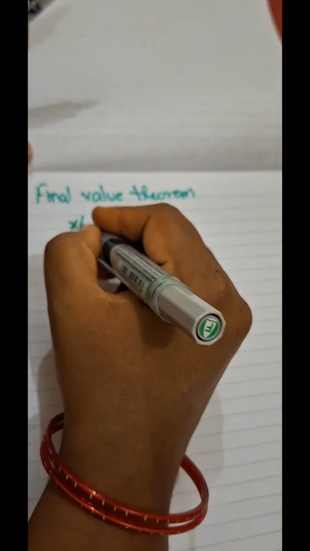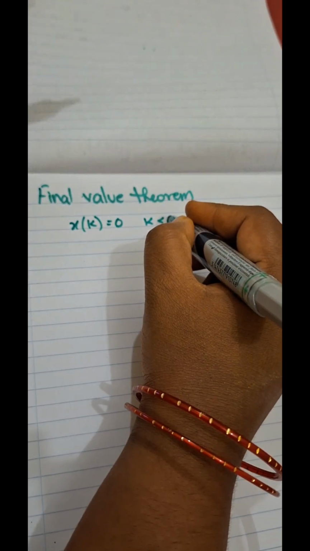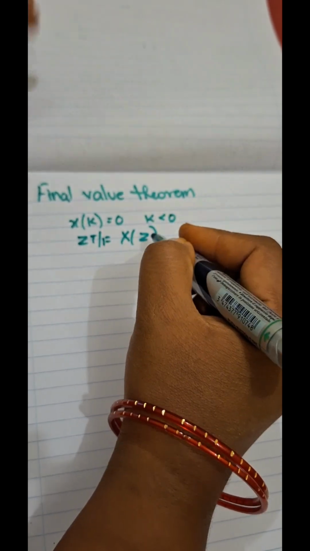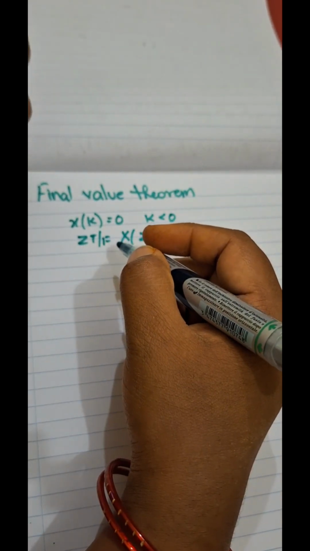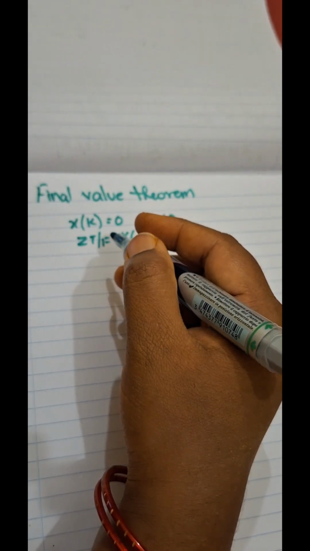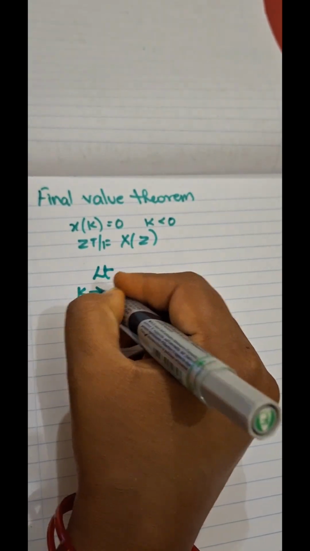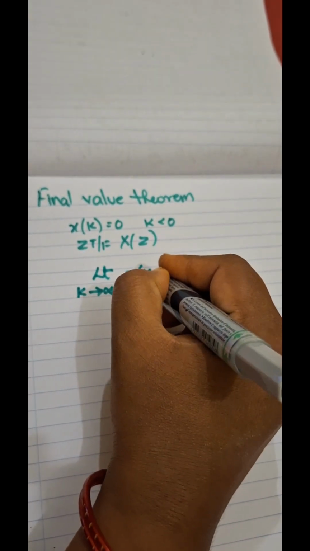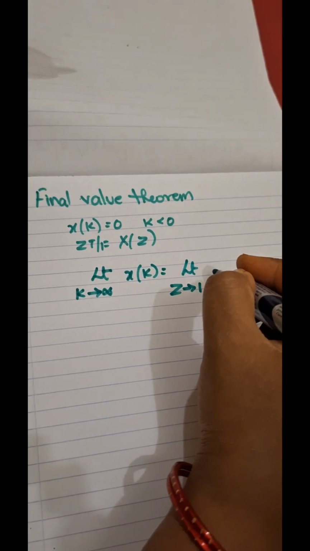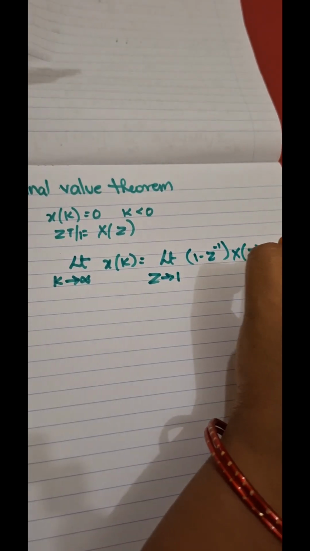Suppose x of k is equal to 0 for k less than 0 has a z transform x of z, and that all the poles of x of z lie inside the unit circle with the possible exception of a simple pole. Then the final value as k approaches infinity is limit k tends to infinity, x of k is equal to limit z tends to 1, (1 minus z inverse) x of z.